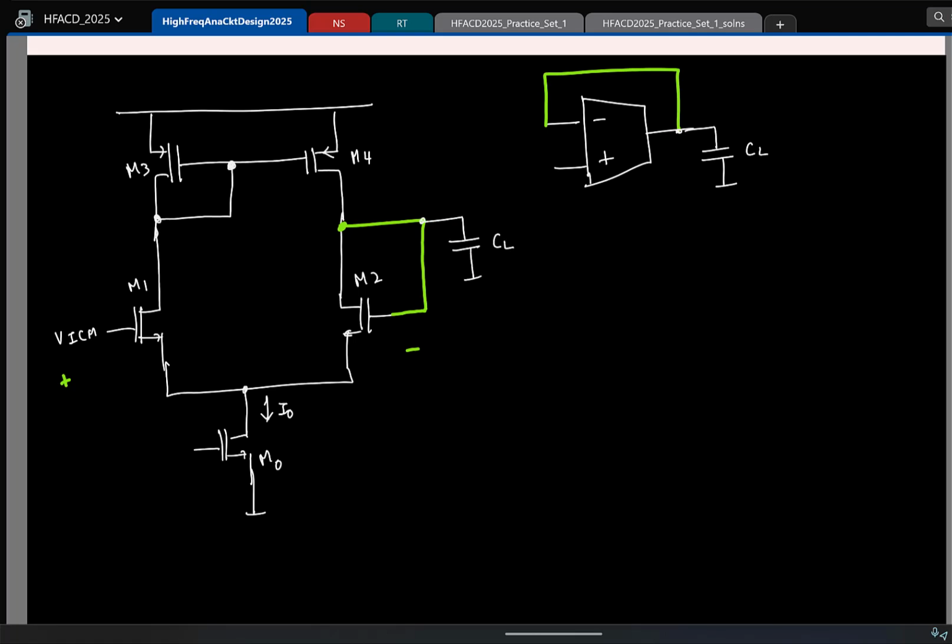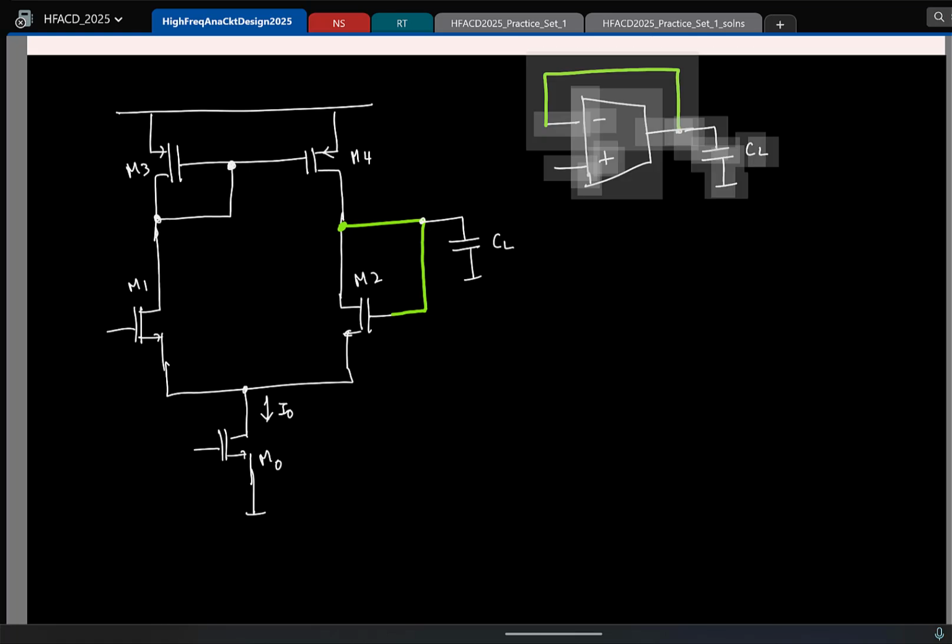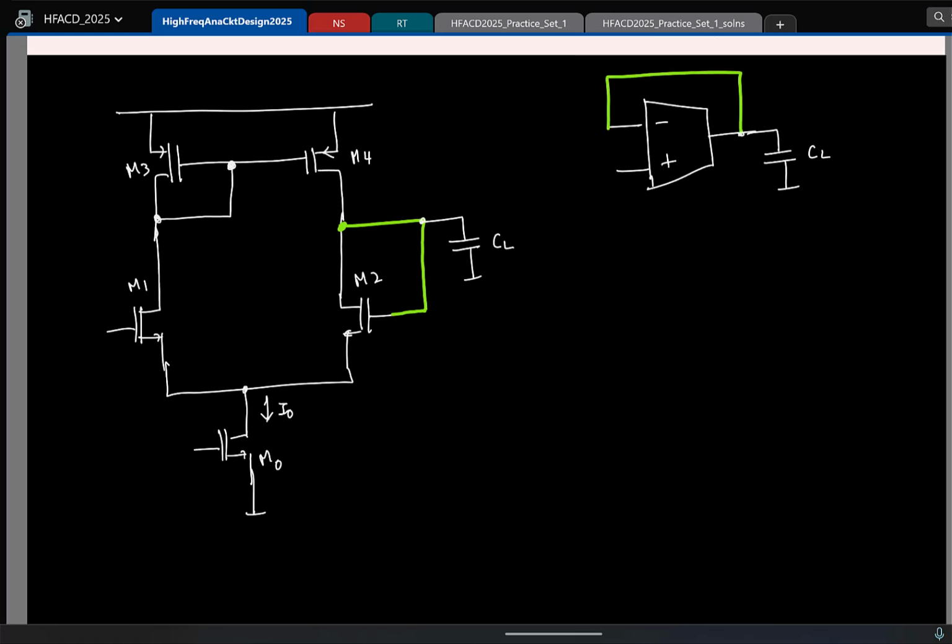And I have CL here. And here obviously I will be feeding a DC voltage. I'll call it some VCM plus delta V, or let us say it could be VB, doesn't matter, some VB plus delta V U of t. Okay. So I will be applying VB plus delta V times U of t.